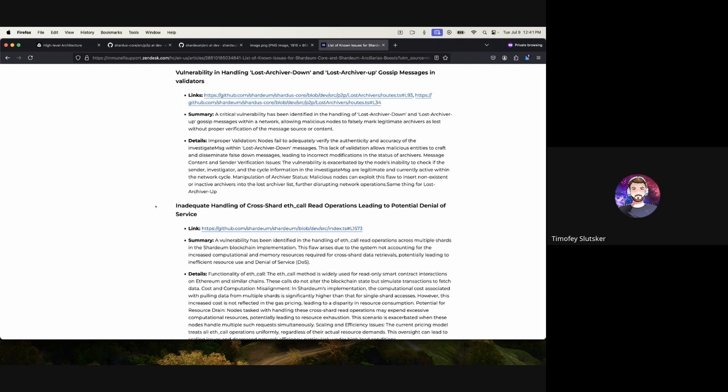If the POC is not working, well, the report is not valid. But if it's a duplicate, it will still receive a reward, but at a reduced rate compared to the chief finder. So reports that do not have a good POC or are badly written will likely not be considered valid. That's the short answer.